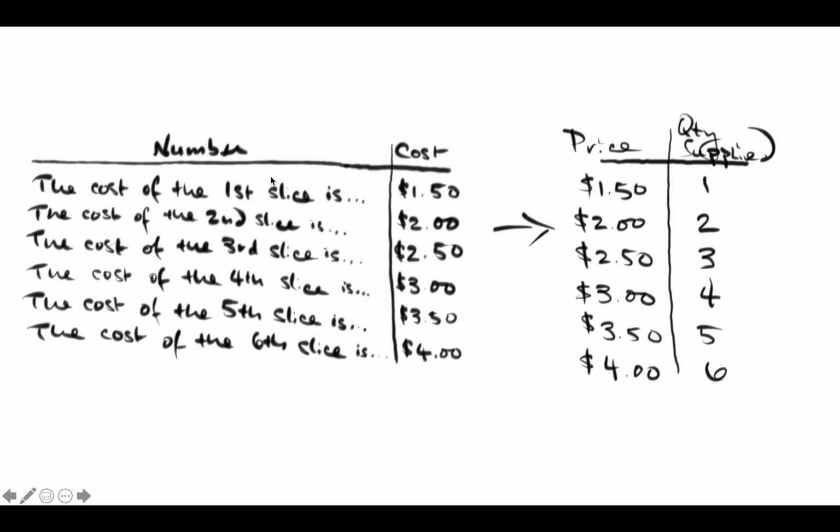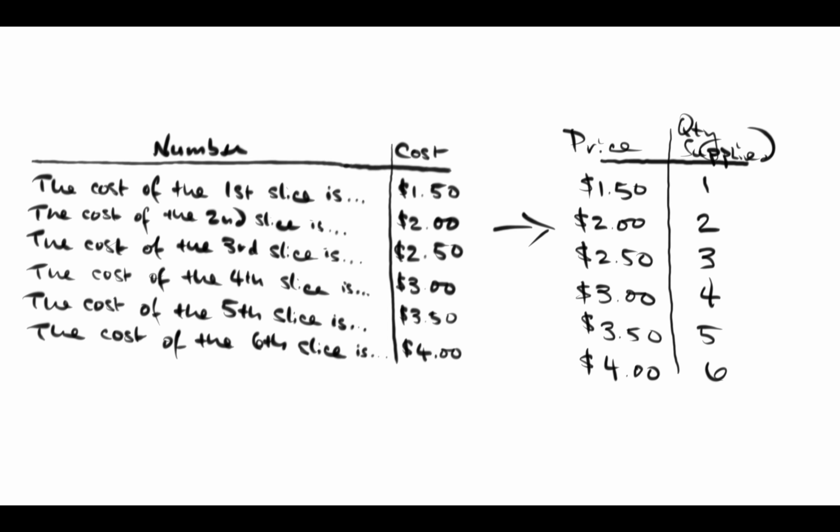So given my costs in this example, if pizza were selling for $2 a slice, I could produce the first slice for $1.50, so I'd be willing to do that, and I'd make a little money off of it. And I'd be willing to produce a second slice. That second slice of pizza costs $2, and I can sell it for $2, so I'd be willing to do that.